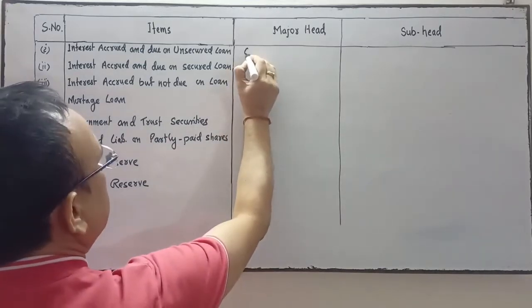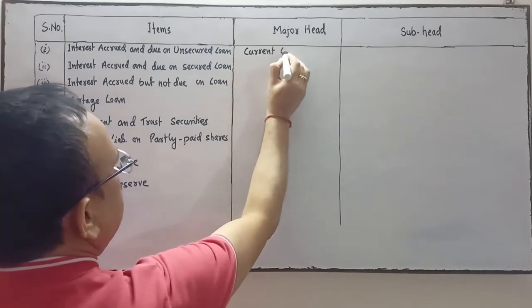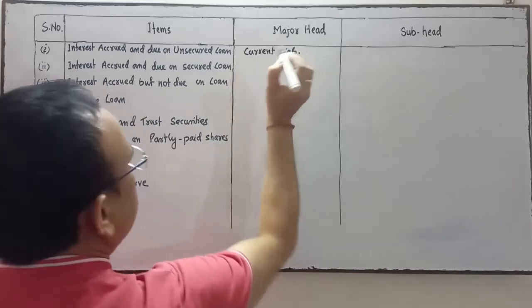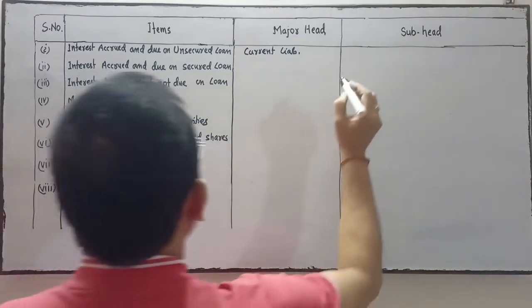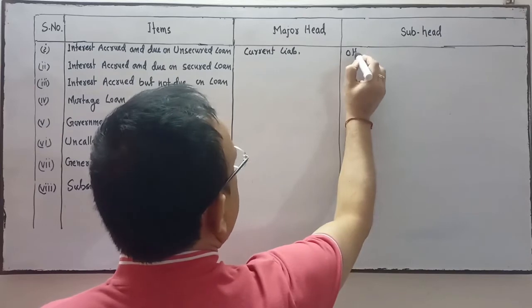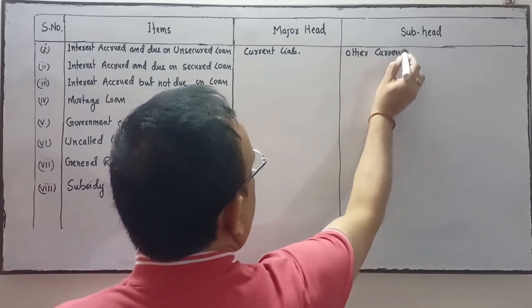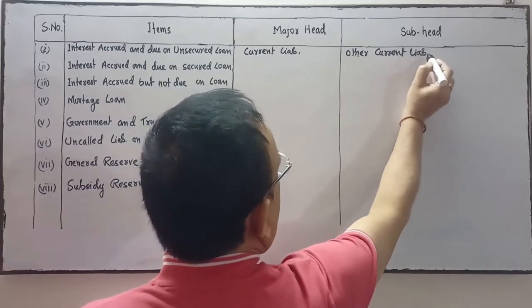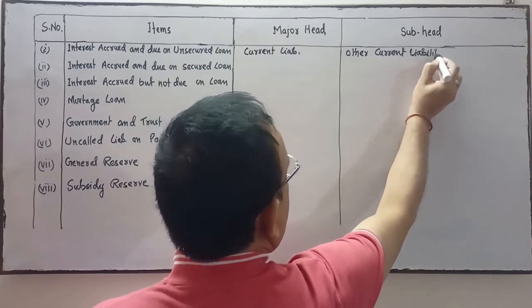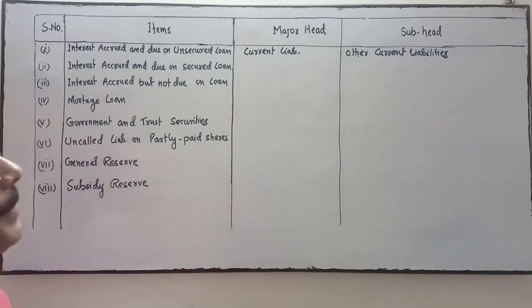The heading is current liabilities, and the subheading is other current liabilities. Is it clear?